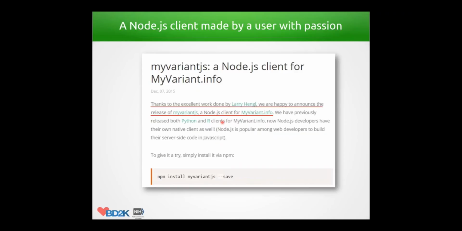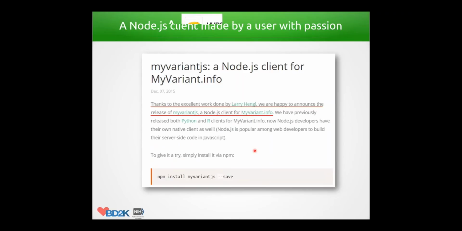You can also use this library directly in the browser if you want to develop a front end using the MyVariant.info web service. If you are interested, you can install the MyVariant Node.js client directly using the npm tool. So this is very exciting.